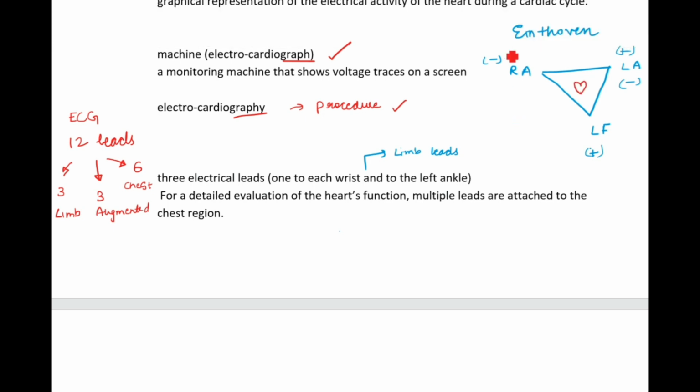And the second lead, lead 2, is from the right arm to the left foot. The third lead, lead 3, is from the left arm to the left foot.